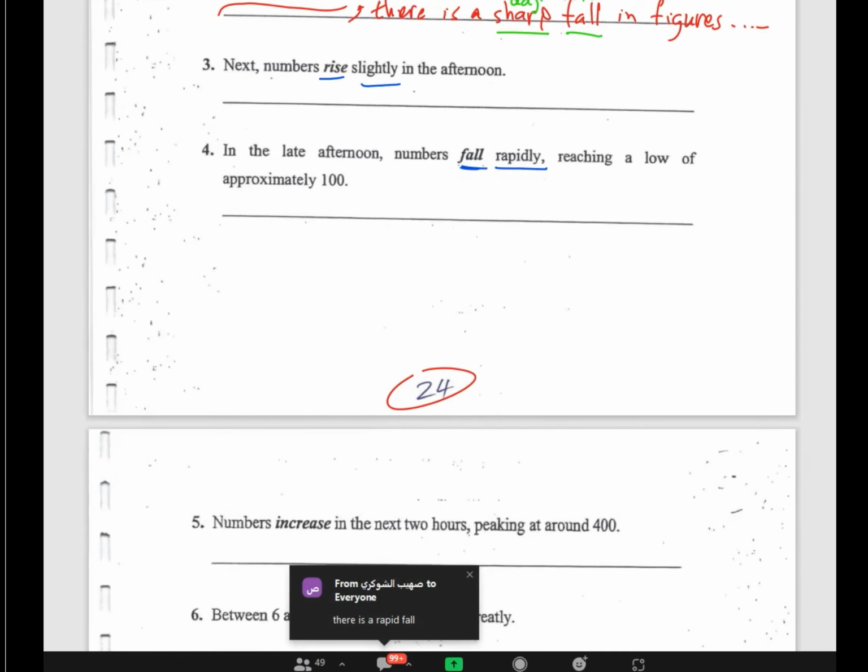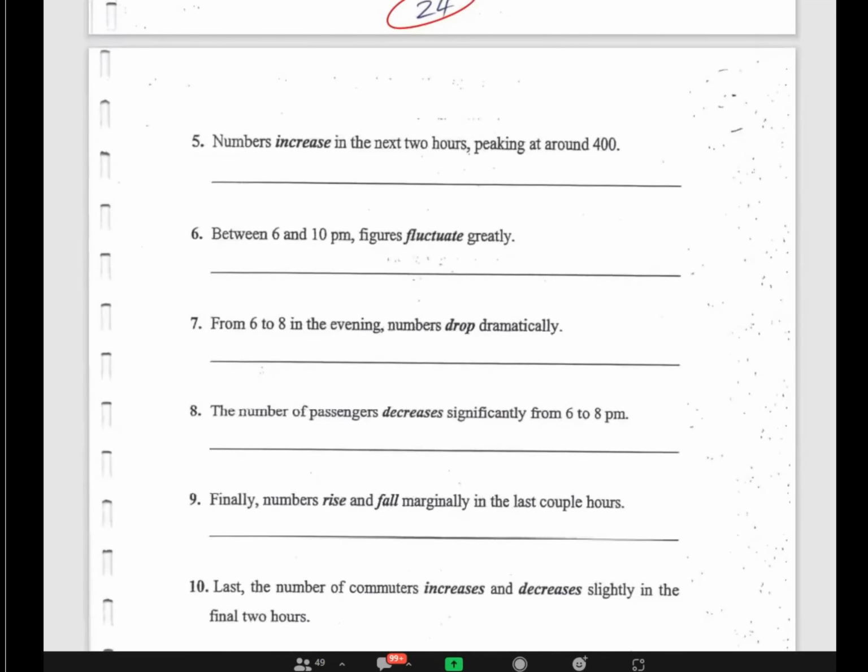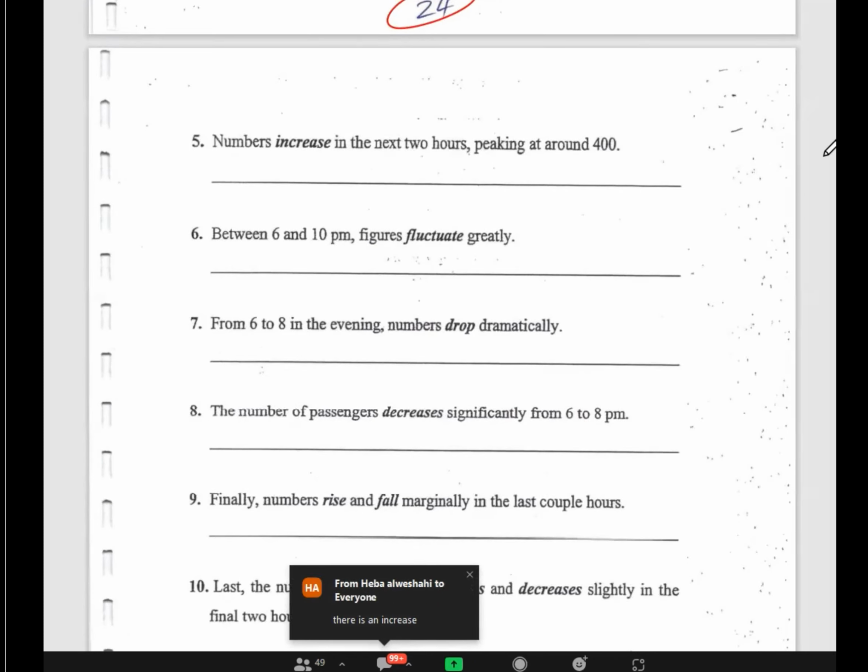Yes, there is a rapid fall. Number 5. There is an increase. Very good. There is an increase because here you have only the verb. There is an increase. Great.